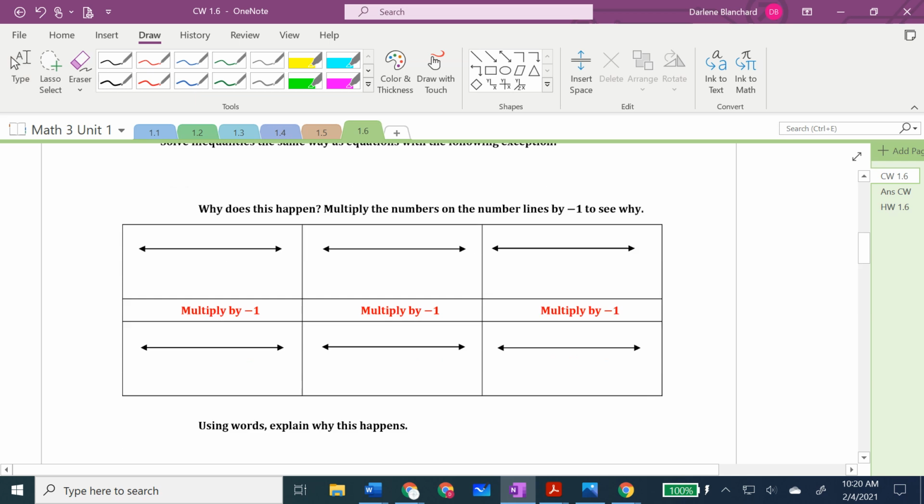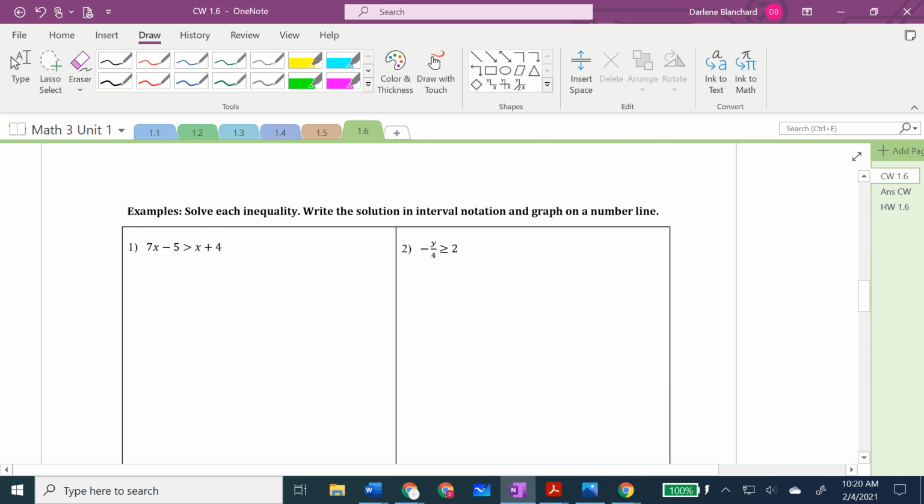If you need to solve an inequality, in other words, take a look at what I've got here. These are inequalities, where instead of an equal to sign, you have greater than, less than, and then maybe equal to as well. You're going to solve these just like you would an equation. Your goal is to isolate the variable.